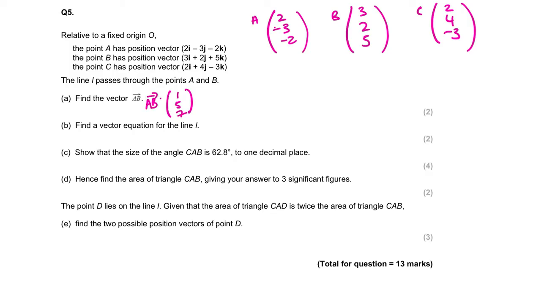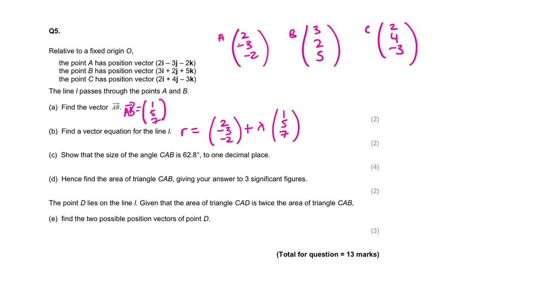This time, I'm going to label everything. It says find a vector equation for the line. Well, this is easy. We know R equals A, or you could use B, it doesn't matter, plus lambda lots of the direction vector. Check. Show that the size of the angle CAB is 62.81 degrees.